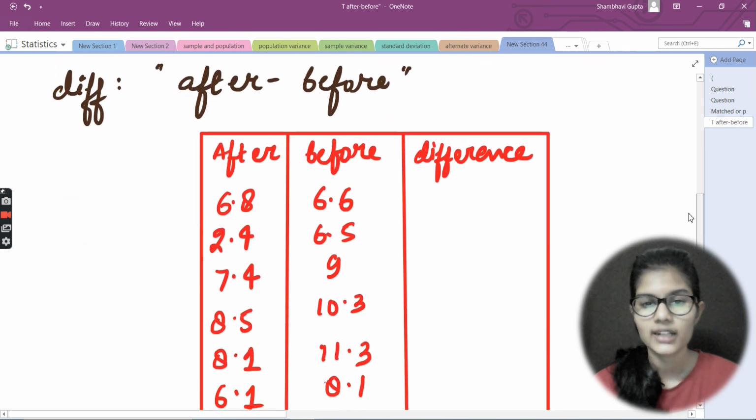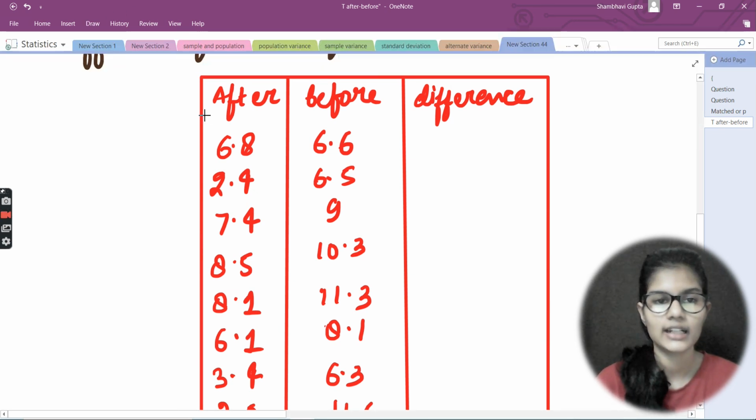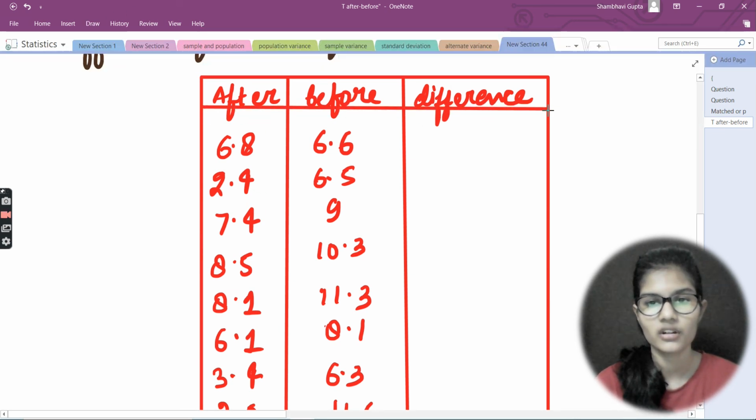Now the difference, which we talked about in the previous video as well, is calculated by subtracting the values of the two columns. As soon as you subtract, the difference would be out here.